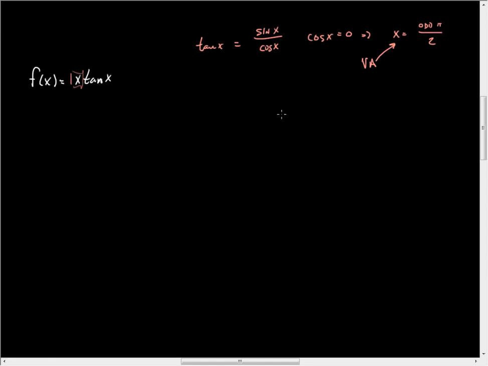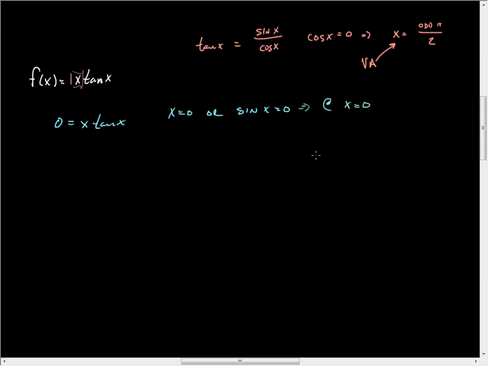Are there any intercepts? We look at when f of x equals 0. So 0 equals x tangent x. This occurs wherever x equals 0 or sine of x equals 0, and both occur at x equals 0.